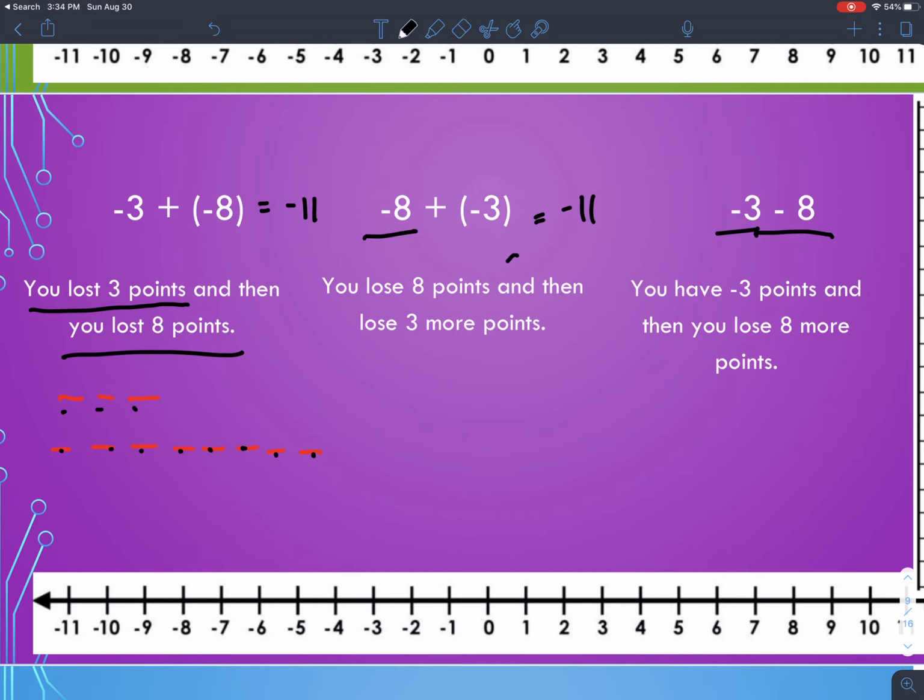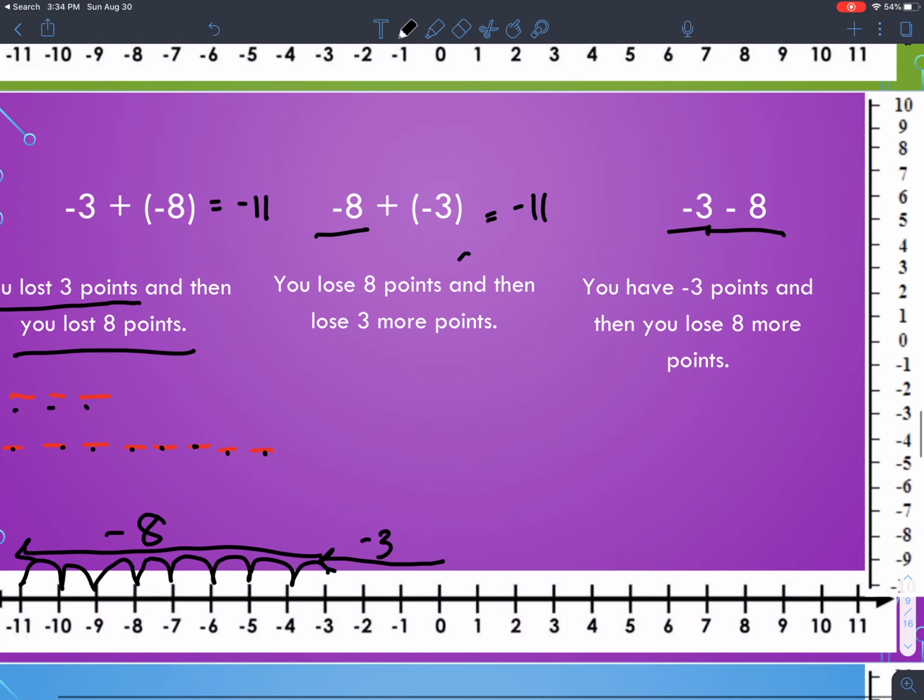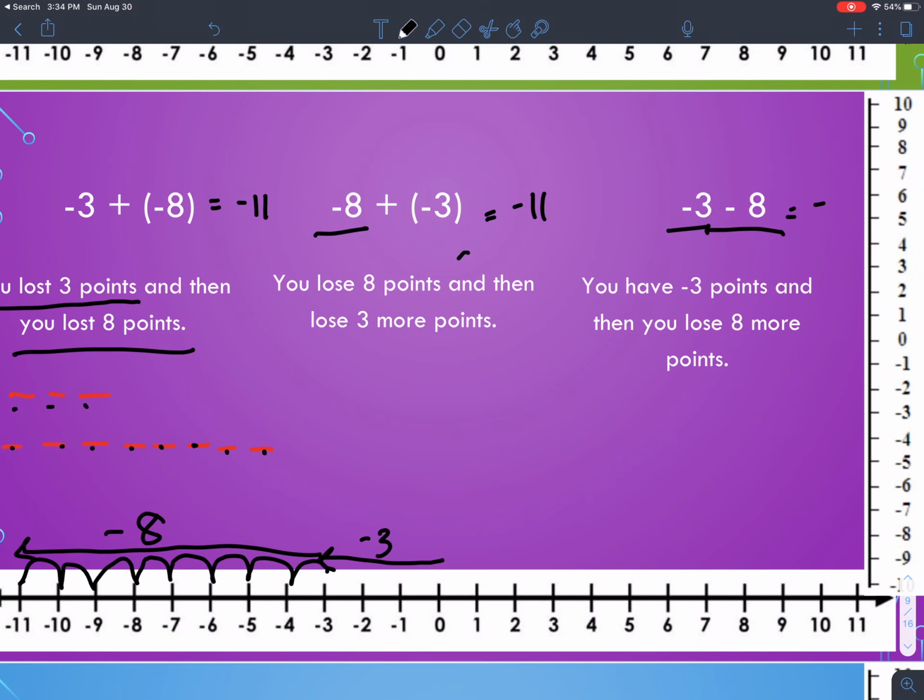So we're going to start at 0 and go down. This is like starting at negative 3 basically. And then losing 8. We know that means 1, 2, 3, 4, 5, 6, 7, 8. We are going down 8 points. Once again, that lands us at negative 11 points.